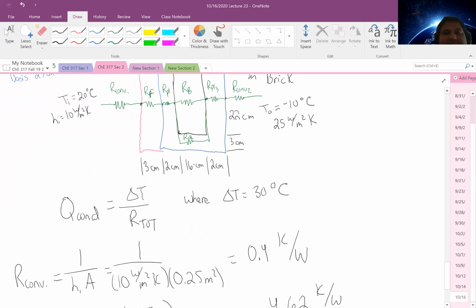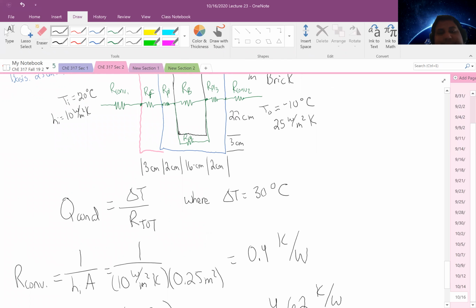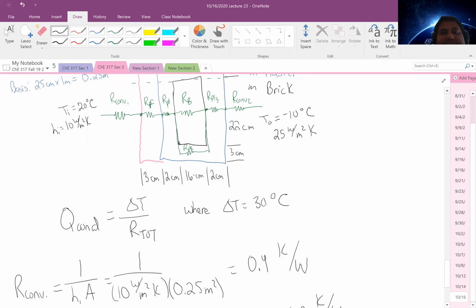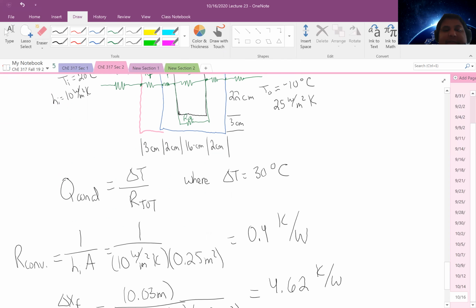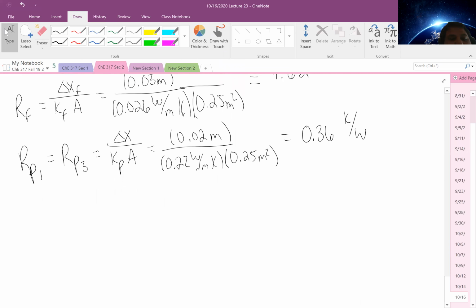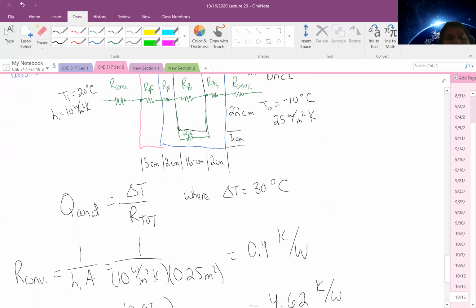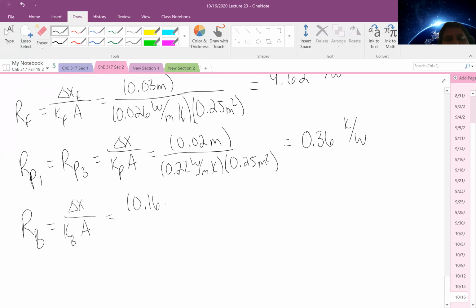All right, next comes the tricky part, looking at the resistances in the brick and that plaster layer that's in line with the brick. So initially, the brick is going to be the thickness of the brick over the thermal conductivity times the area. The thickness of the brick is approximately 16 centimeters, or 0.16 meters. The thermal conductivity of the brick is 0.72 watts per meter Kelvin.